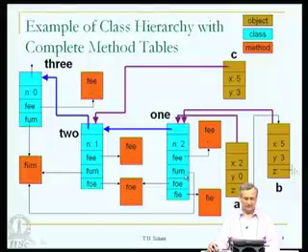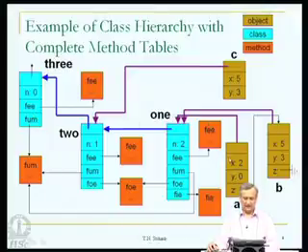Then form is being reused, the same form which is defined by 3 is used here. Fo is defined by class 2 and it is being reused here. Phi is a new method which is defined by class 1 itself. Then there are 3 objects A, B and C. A and B belong to class 1, C belongs to class 2 and there are no objects of type class 3.